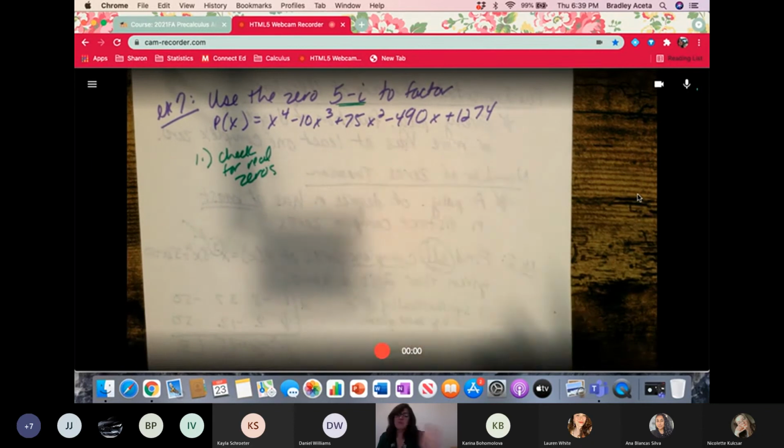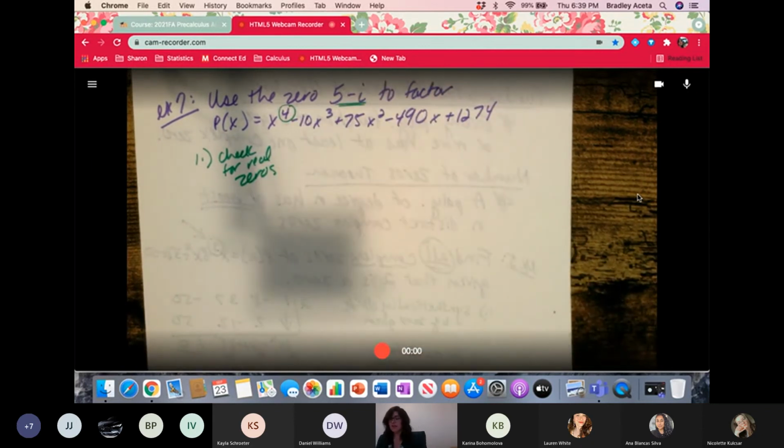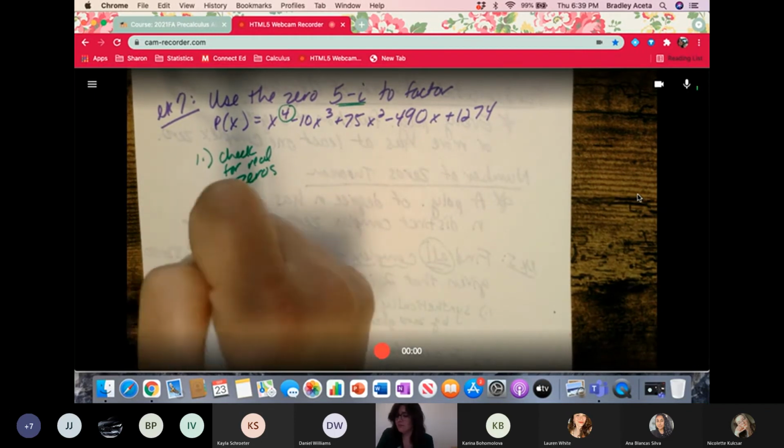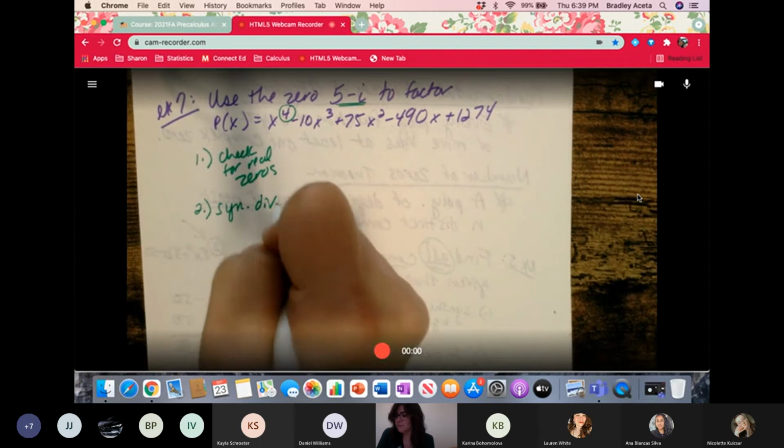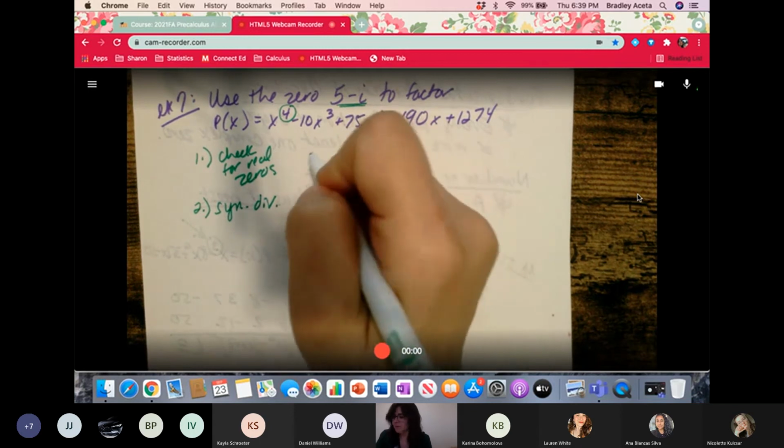But that would be a clue. So I know there's 4 of them. Goodness. And I'm just going to have to suck it up and do some synthetic division. But I've got ways to help you out with this, because that's why I'm a teacher.